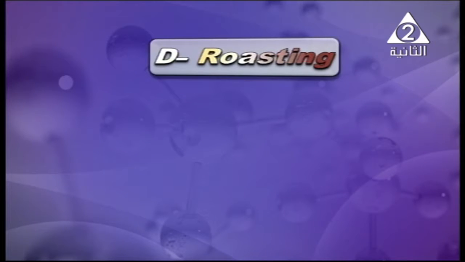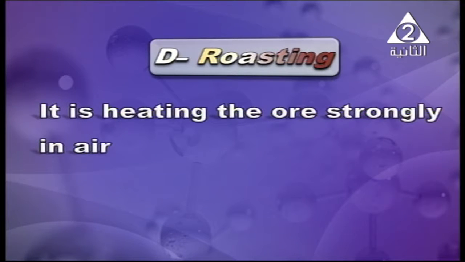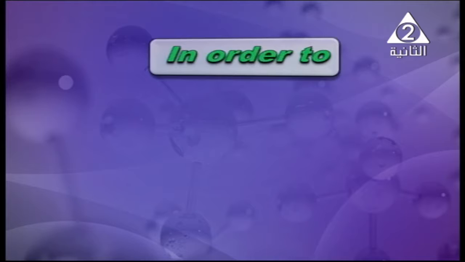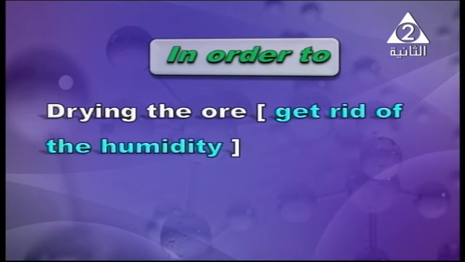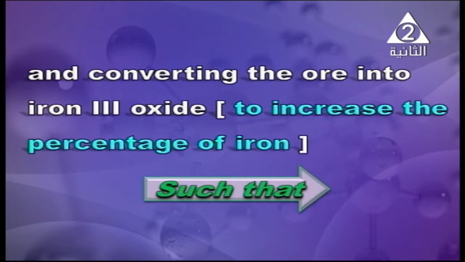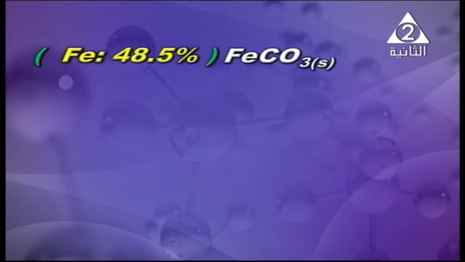The fourth process for ore dressing is the roasting process. It is heating the ore strongly in air, and we have a reason for this. This is done to dry the ore to get rid of humidity and to convert the ore into iron 3 oxide, which increases the percentage of iron, such that iron in iron 2 carbonate is 48.5%.